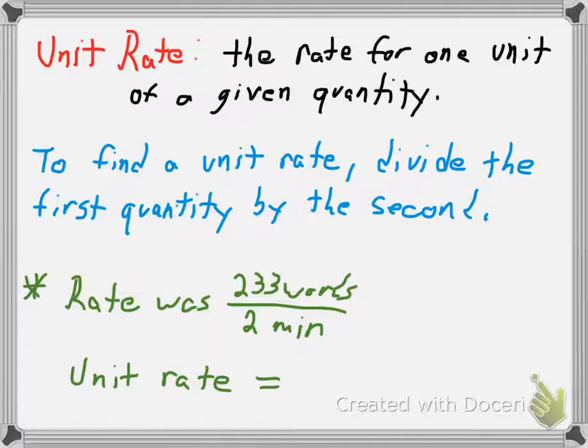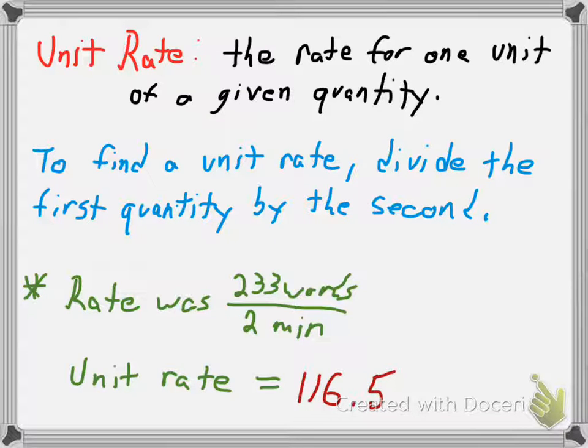So if we look back at our old example, our rate was 233 words over 2 minutes. In order to turn that into a unit rate, I'm going to divide 233 divided by 2. When I do 233 divided by 2, I end up with 116.5.